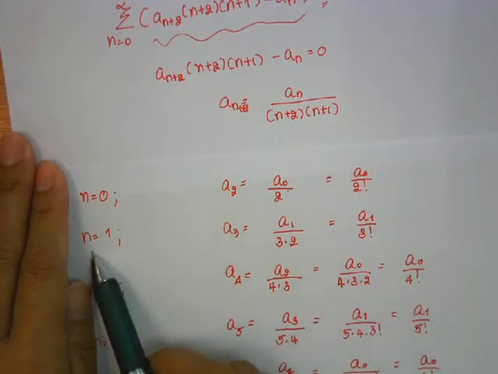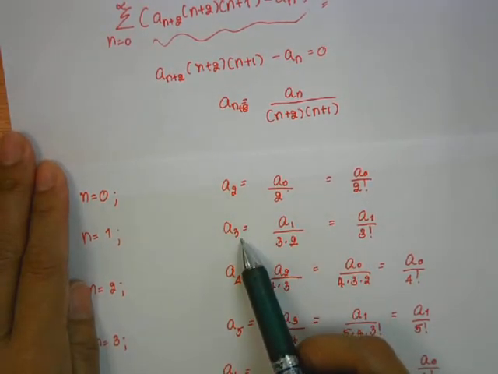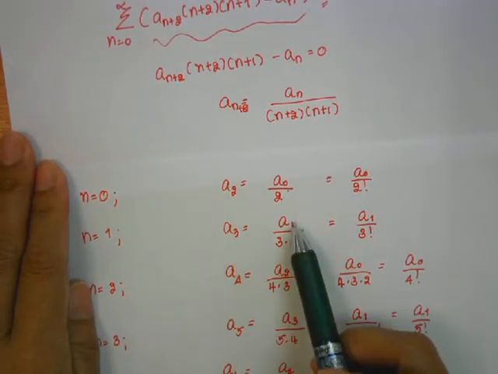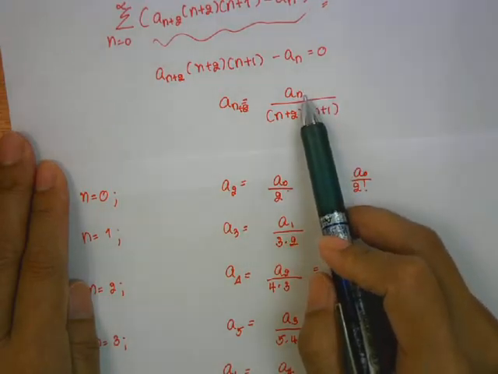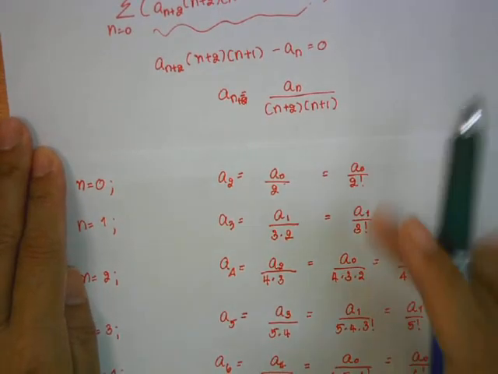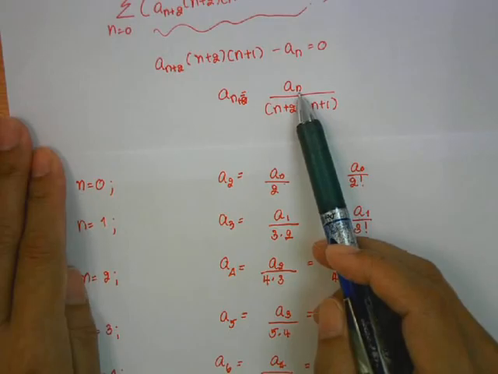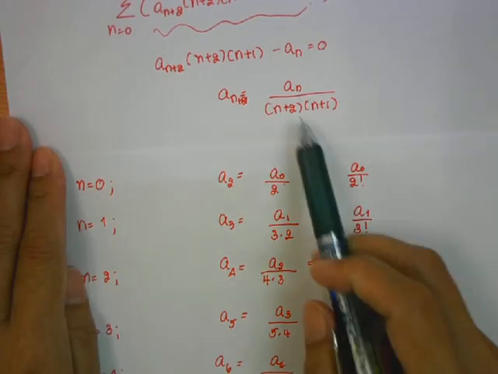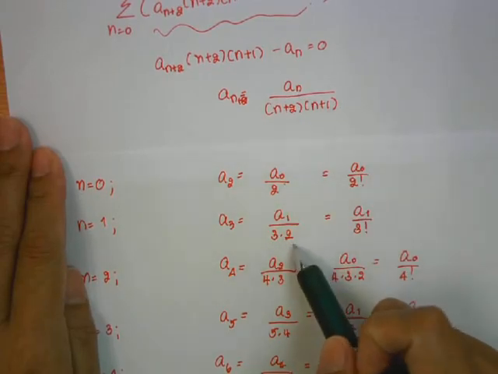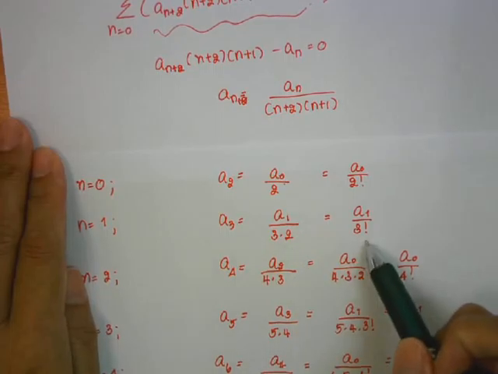If you plug in n equal to 1, you would get a3. a3 equals a1 divided by 3 times 2, and 3 times 2 is equal to 3 factorial.